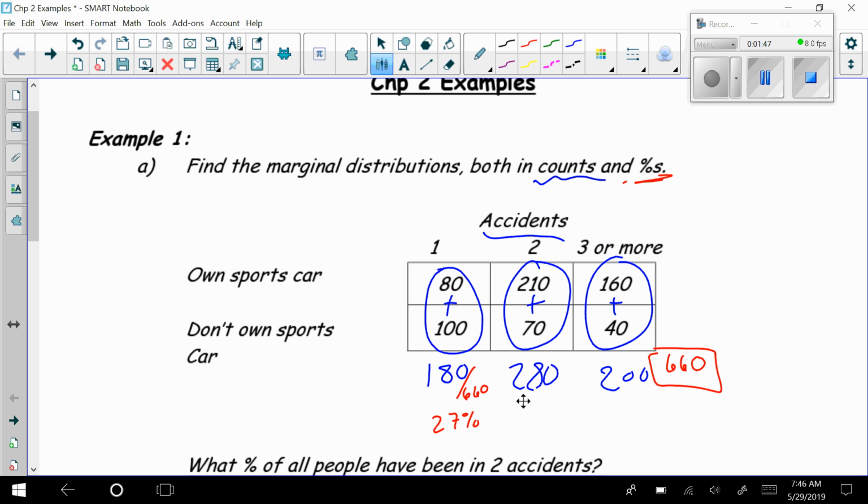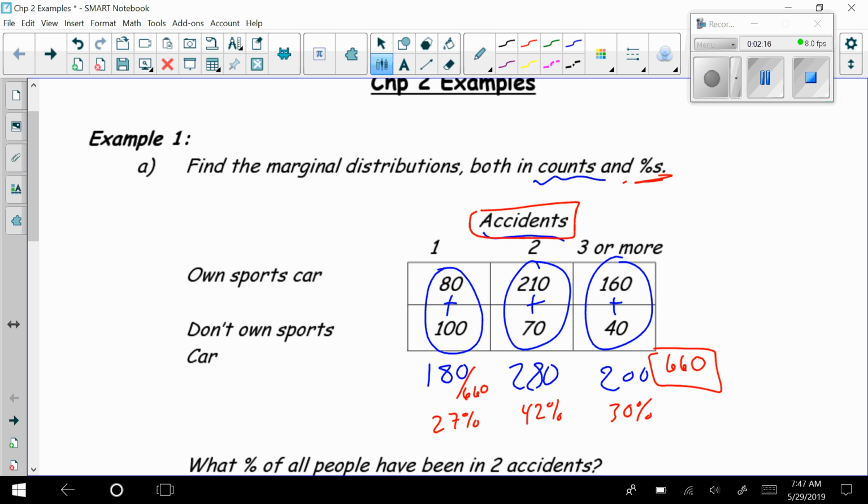So this would be 42%, and this is 30%. Now, of course, my rounding is probably a little bit off here, but in general these should add up to 100. I think this adds up to 99 just because I have a little bit of rounding error in one of the spots. But there's how we find the marginal distribution of accidents.